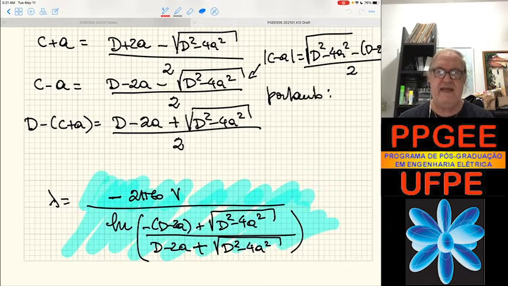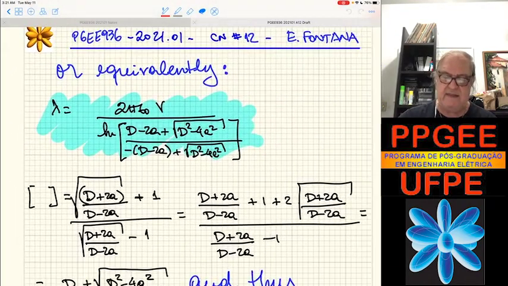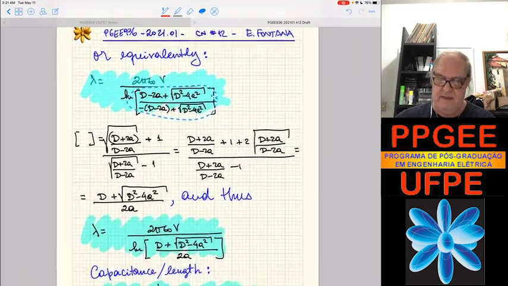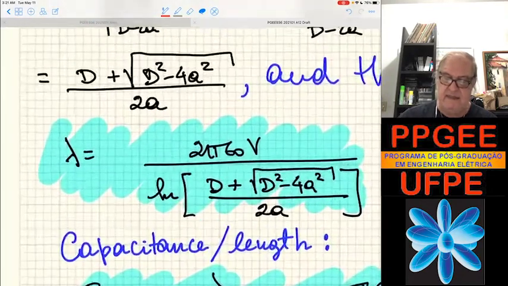When you have that, I can rearrange it and write it in this form. There's some algebra here too. This can be cast in this form here.